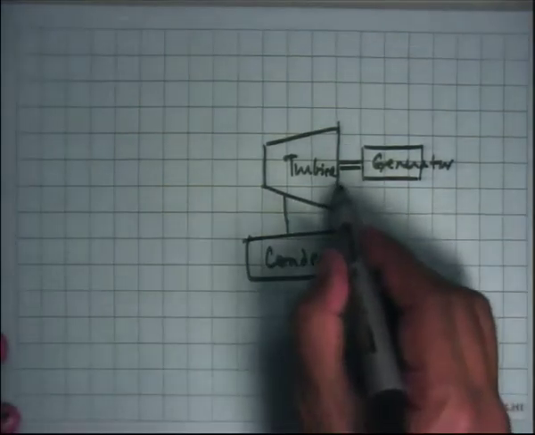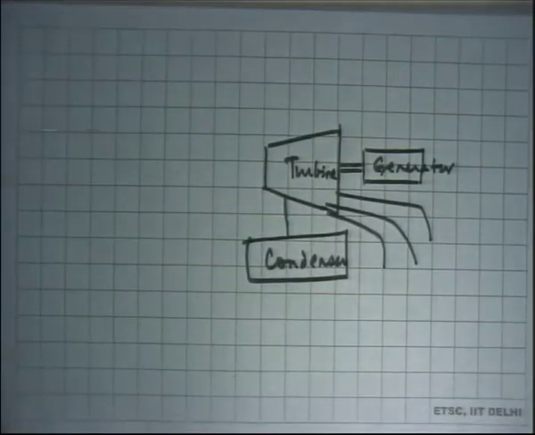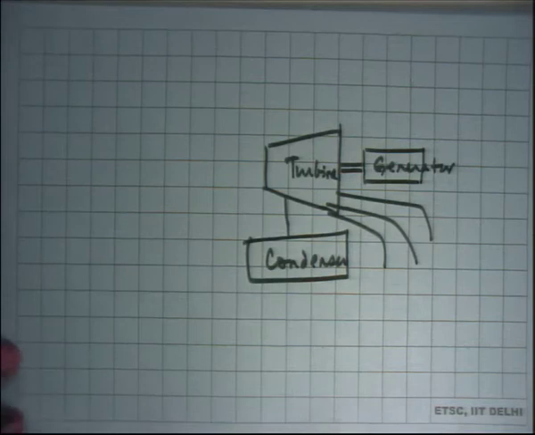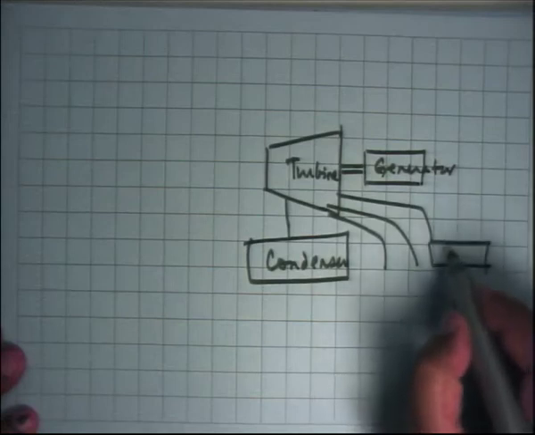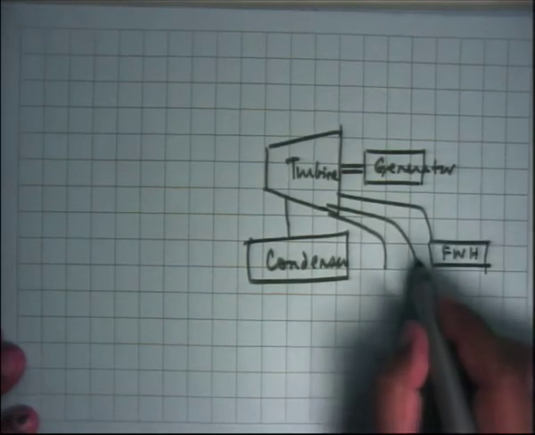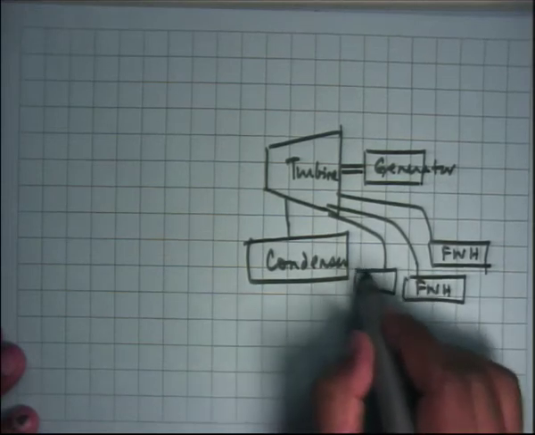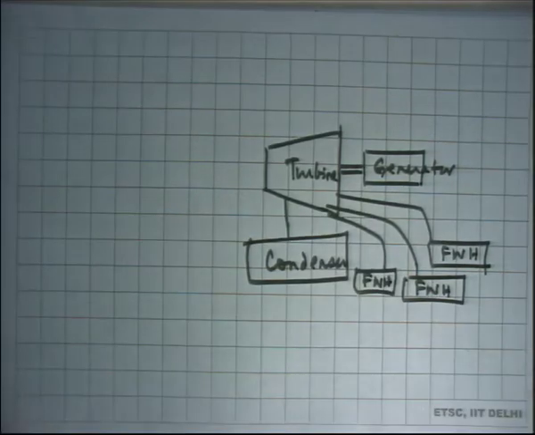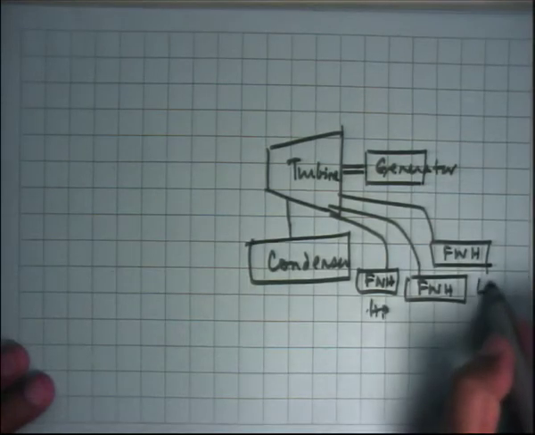And from the turbine there were bleeds taken. Steam was taken out from different parts of the turbine at different pressures. So there were some lines coming from the HP turbine, something coming from the IP turbine, something coming from the LP turbine. Each of them going through a feed water heater. So you had HP heaters, you had the LP heaters.